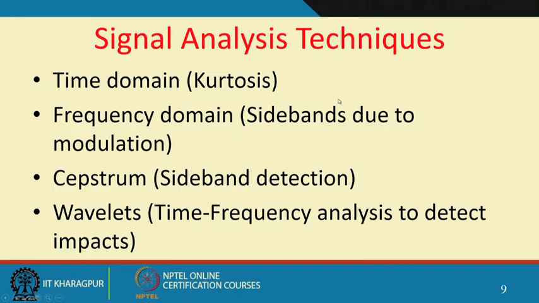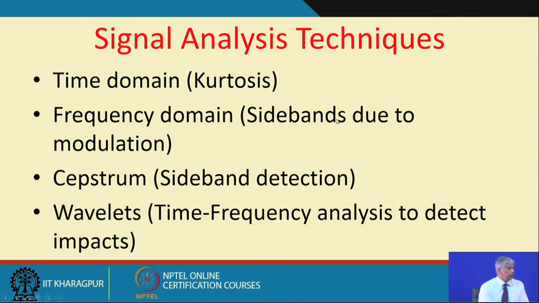So, some of the signal analysis techniques which are used: I can still do kurtosis because there is a lot of peakiness in the signals, frequency domain analysis, sidebands due to modulations, and modulation occurs because of amplitude defects. So, to detect sidebands we can use cepstrum, we have discussed this before, and because there are a lot of transients occurring and the signals are not stationary, one can do what is known as time frequency analysis to detect impacts, like wavelets.